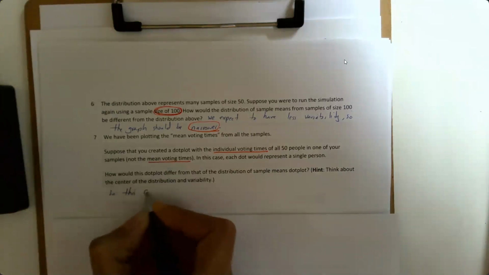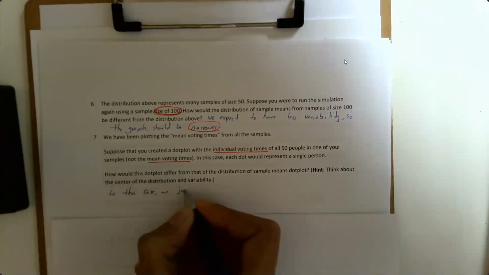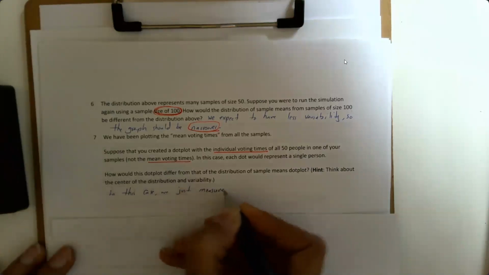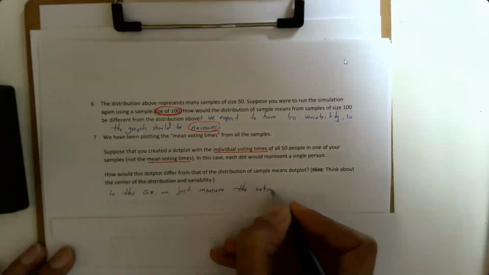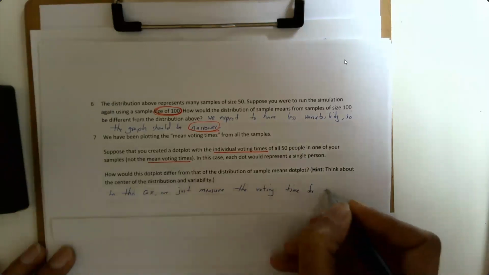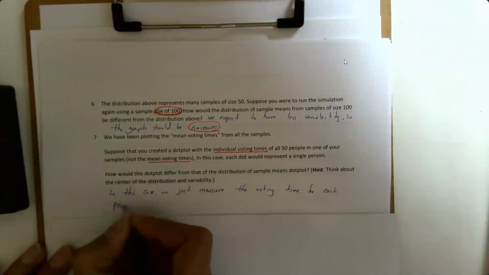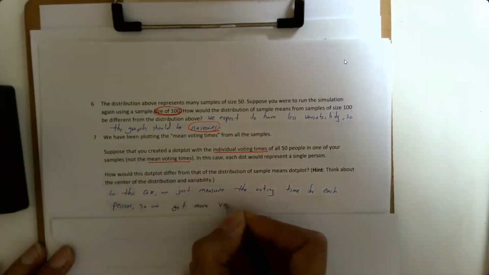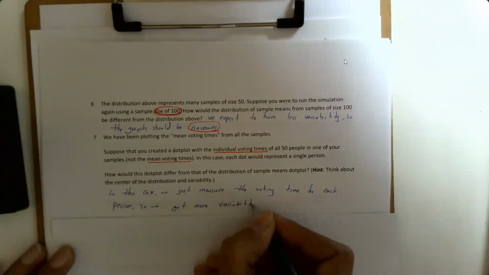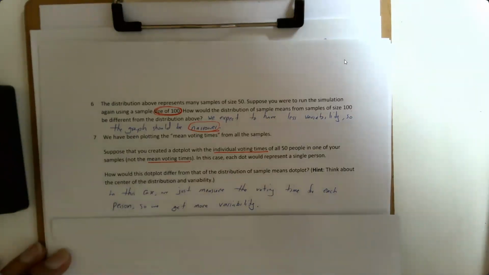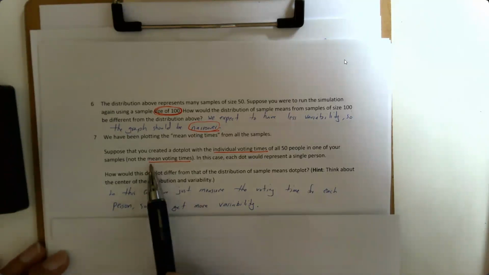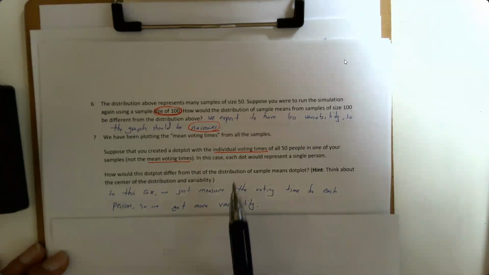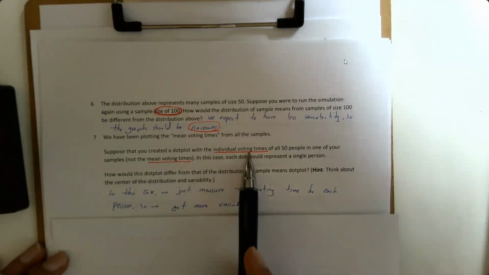In this case, we just measure the voting time for each person. So we get more variability. So that's why we're interested in finding the mean instead of calculating the voting time for each person separately.